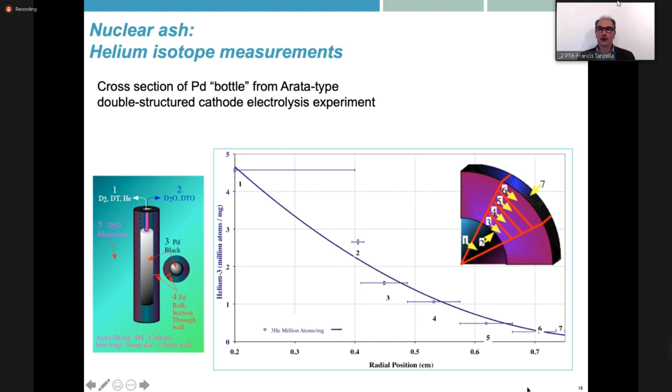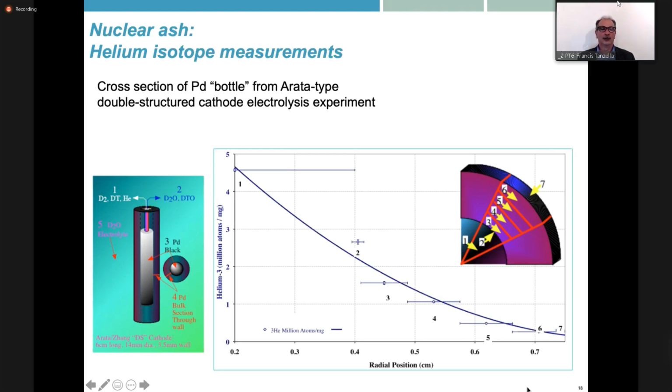We procured 2 of them from Arata and electrolyzed 1 in heavy water and 1 in light water for 3 months. Brian Clark and Brian Oliver analyzed the helium-3 as an off gas from the melted palladium black and palladium wall from this double-structured cathode.